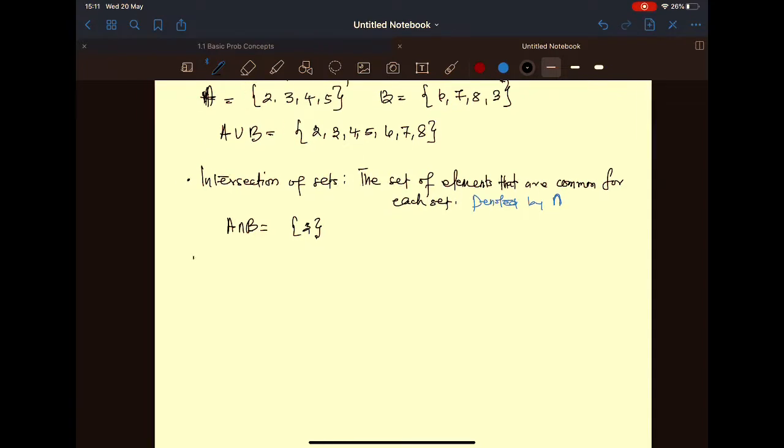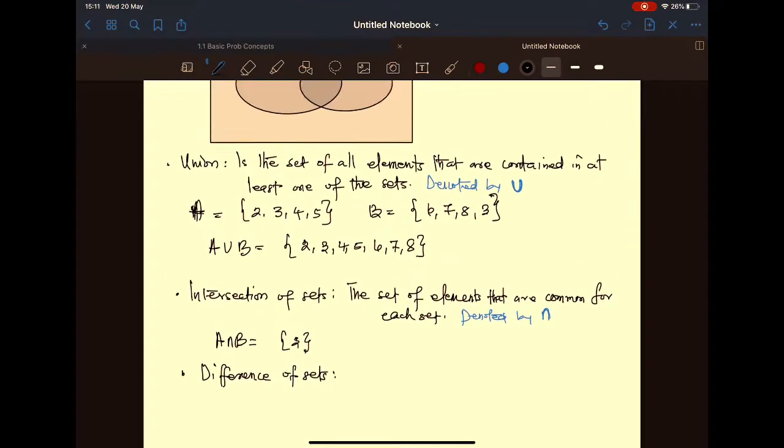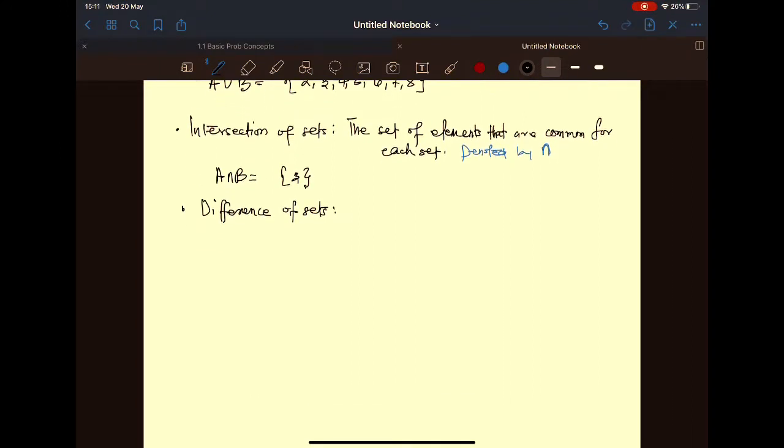Okay, next thing we would look at is the difference of sets. The difference of sets is a set containing all elements that are in one set and not in another.